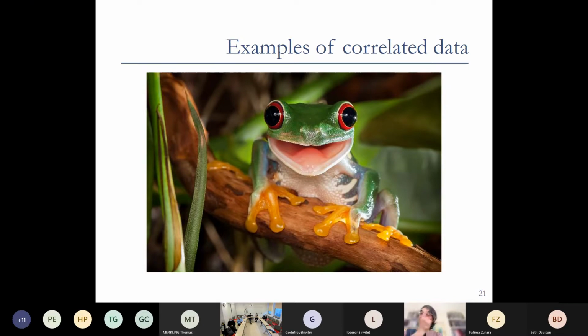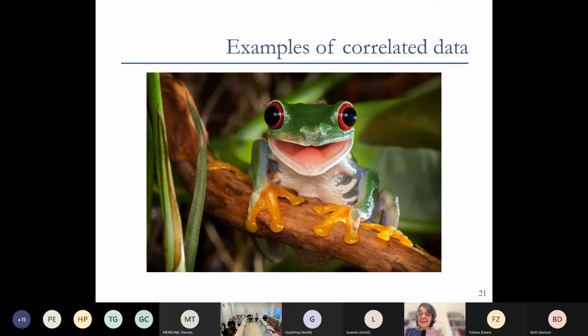We have 230-degree peripheral vision. They have 360. Some species have 360 vision. They can see in the back of their head. And they also can see color in the dark. So they're really quite remarkable. So we're going to talk about an experiment with 8 frogs.